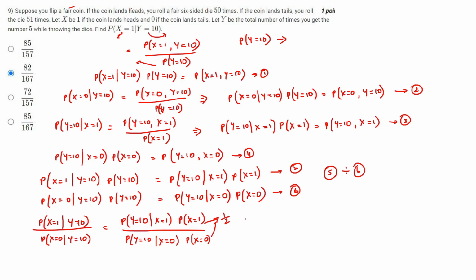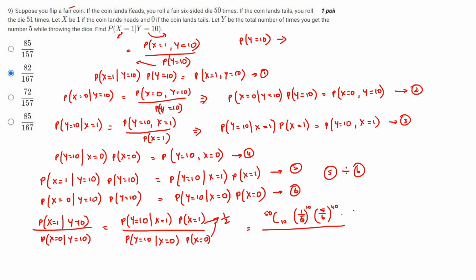Now, this is nothing but a binomial, right? So we are repeating the roll of the die 50 times. Out of 50 times in the numerator, we have to get 10 times the probability of success, the probability of 5, which is 1 by 6 to the power of 10 into 5 by 6 to the power of 40, into 1 by 2.